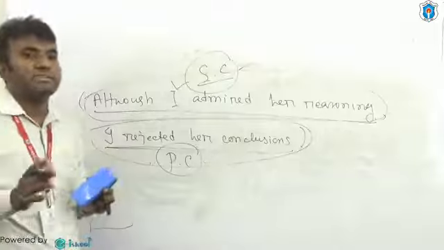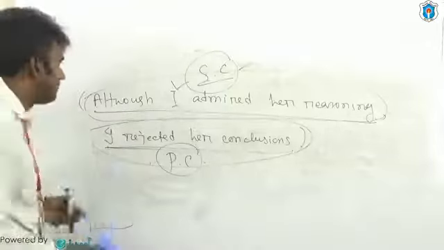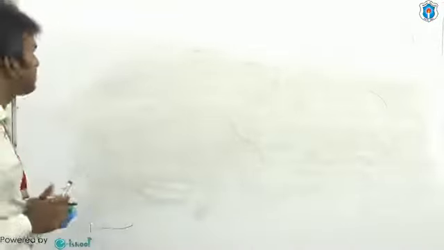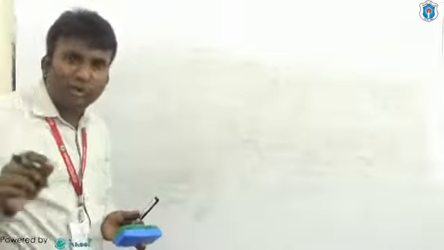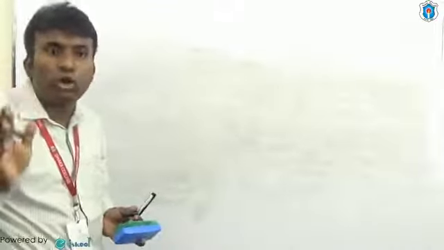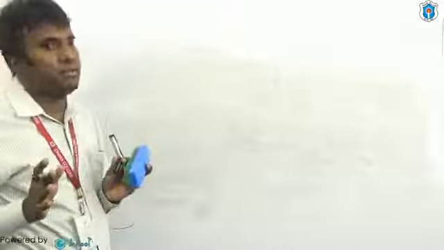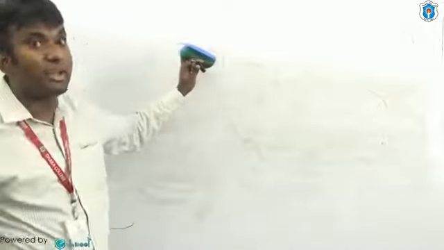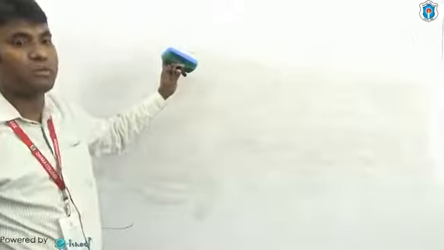and that is compound sentence. Students, in compound sentence, like simple sentence and complex sentence, compound sentence has its own individual structure. I told you that a simple sentence consists of one subject and one finite verb. A complex sentence consists of one principal clause and one subordinate clause.